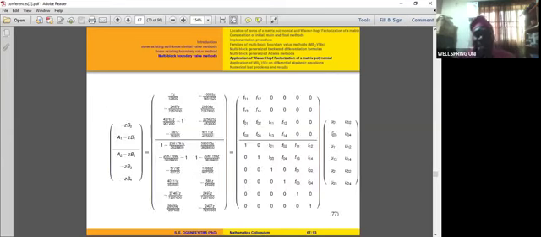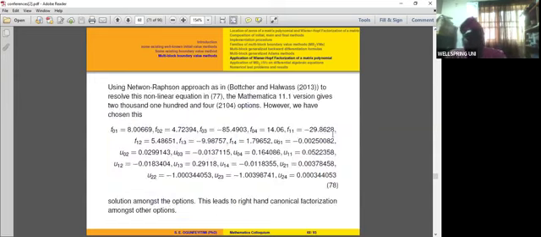This is the procedure. The theory of this is documented in Gohberg and Kaashoek, 1960. I've split the matrix into two, so we are now going to run the two matrices using the Newton-Raphson approach according to Butcher and Wasa 2013.